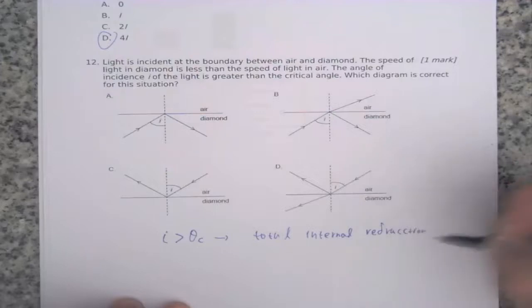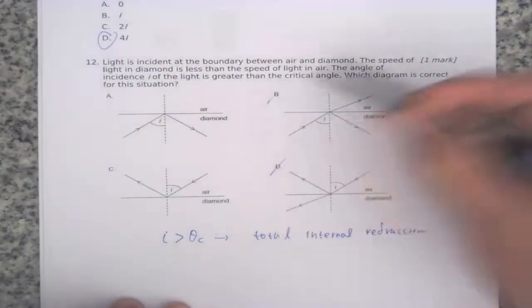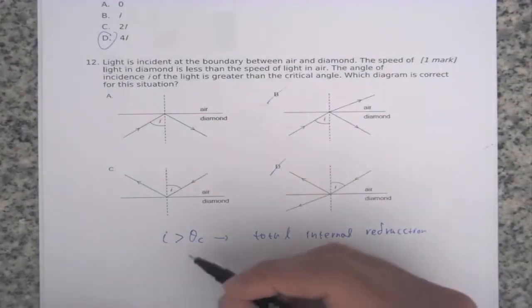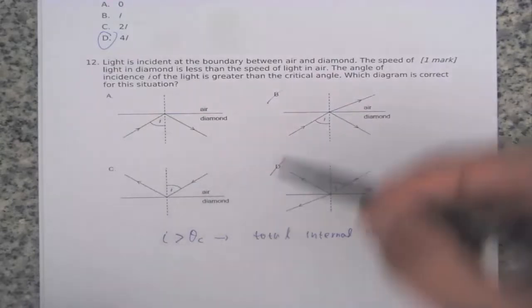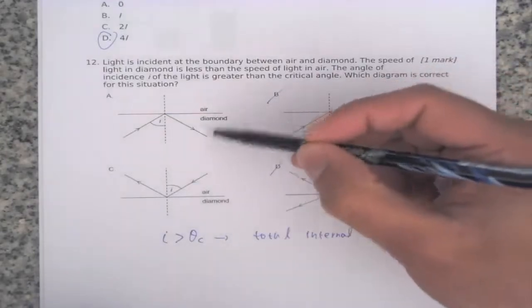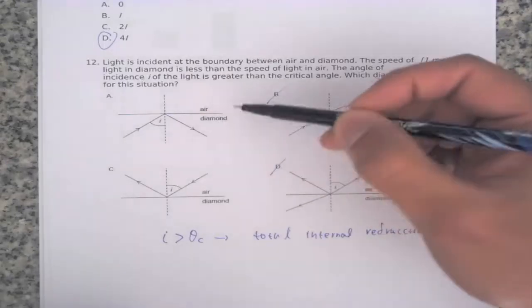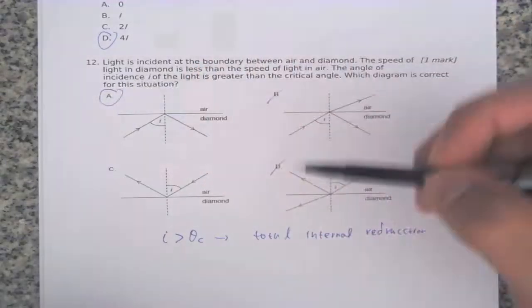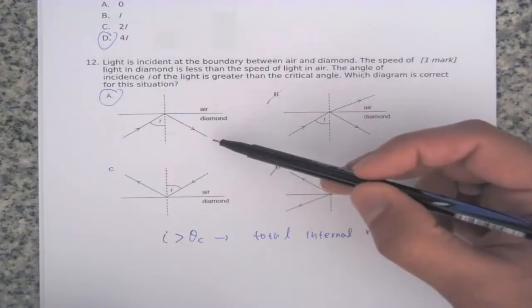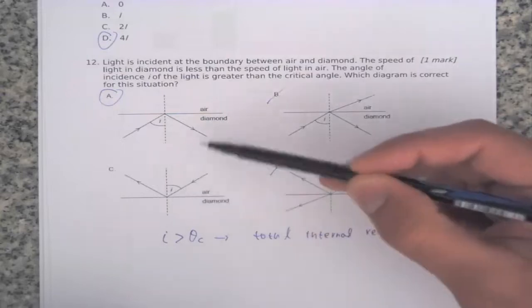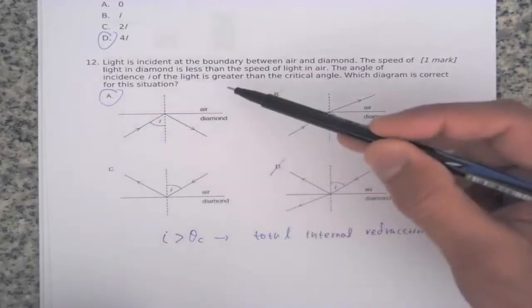So from here, it cannot be D, it cannot be B. Now between A and C, when you have total internal reflection, the other condition that you have to have is that the light passes from the denser medium to the lighter one, to the less dense. So of course here it's choice A, it cannot be choice C, because it comes from air to diamond. We want the opposite, denser to less dense.